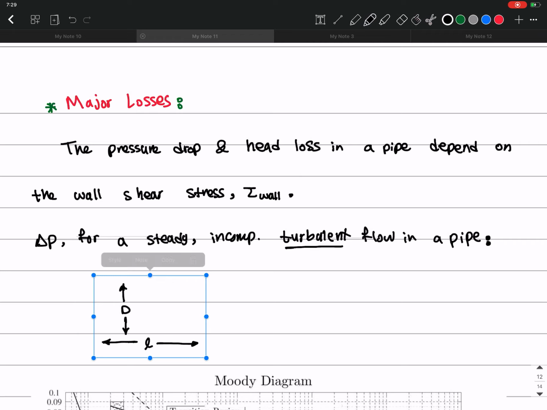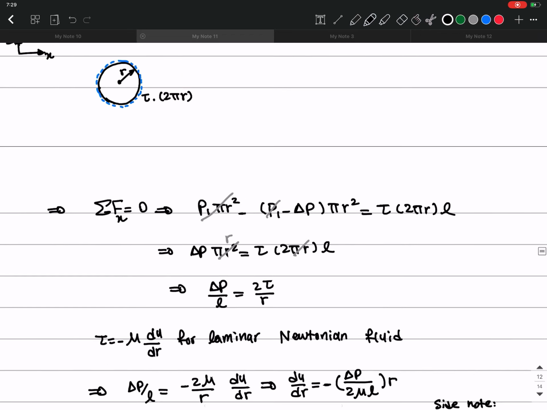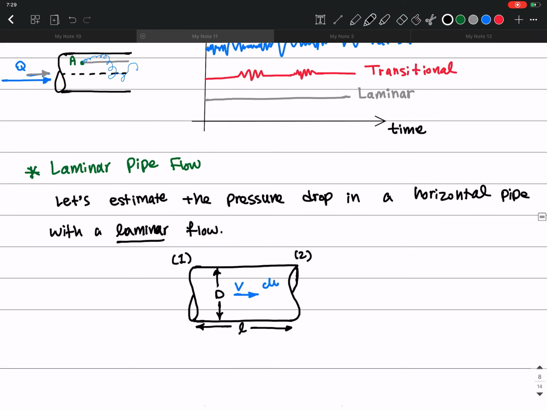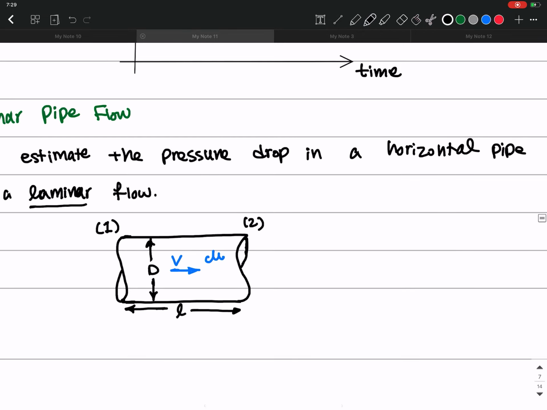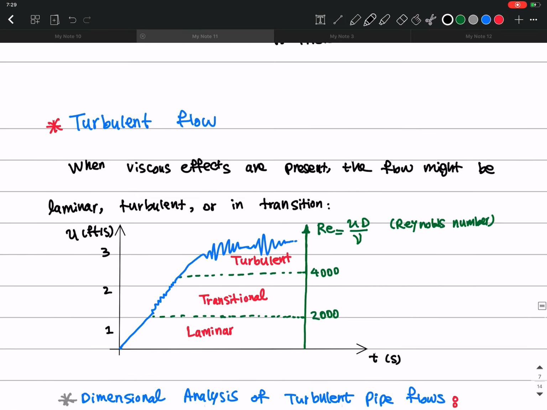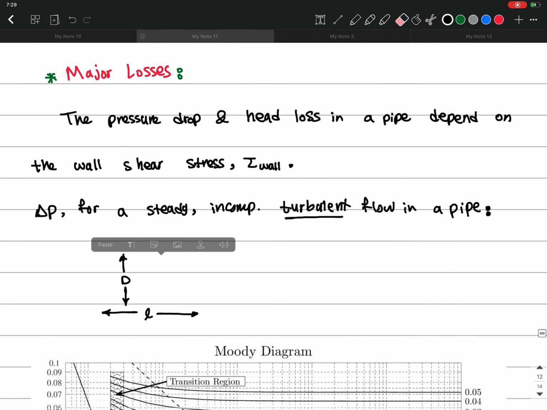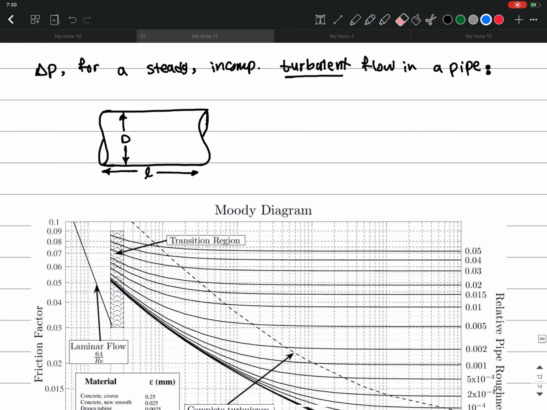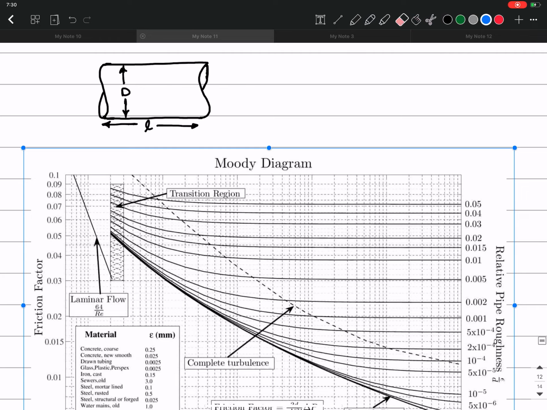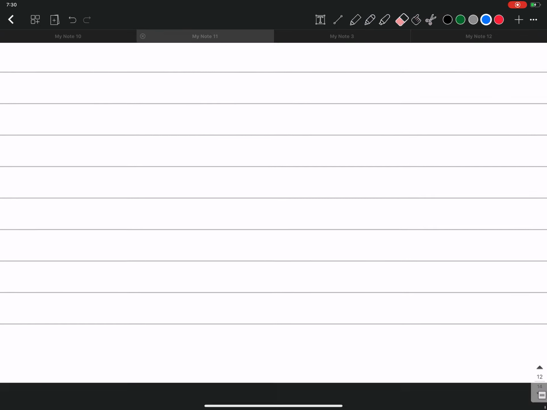So we have a pipe with radius D with length L, and then let me copy it here because we will need this later.